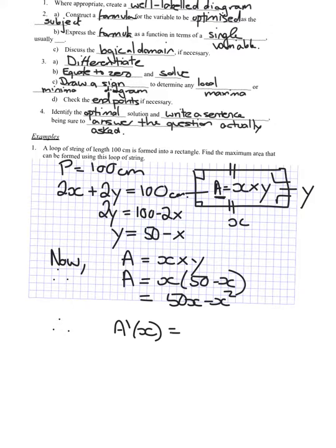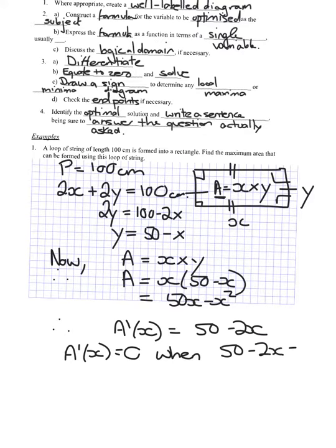If we differentiate the area, we're going to get 50 take 2x. The next step after that was to find when the derivative is equal to 0. So A dash of x equals 0 when 50 take 2x equals 0. And that is going to be when negative 2x equals negative 50, and therefore when x equals 25.